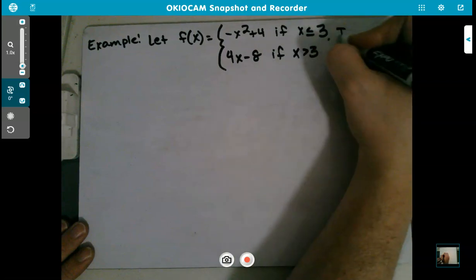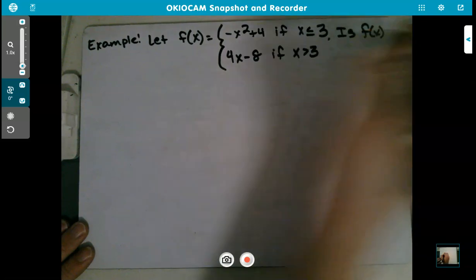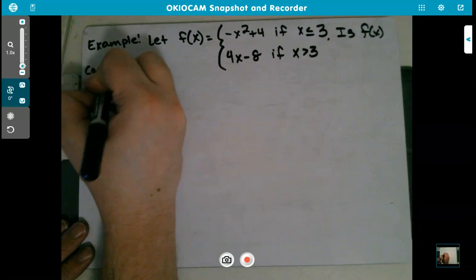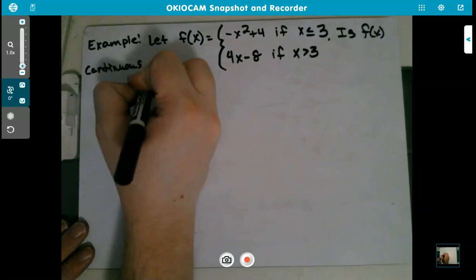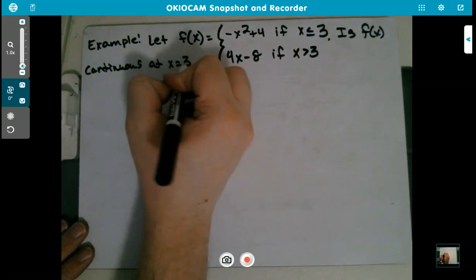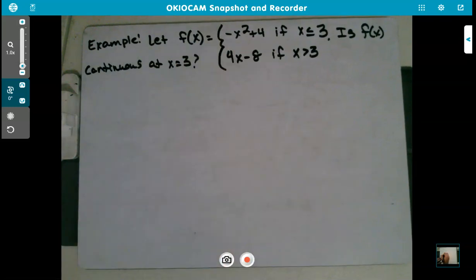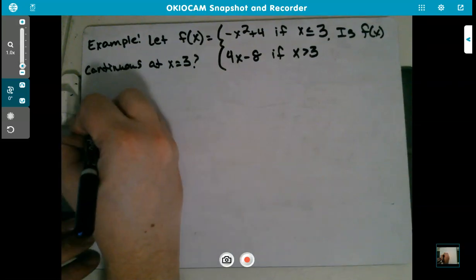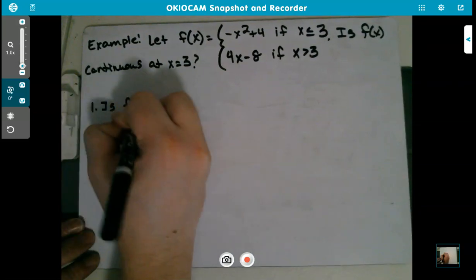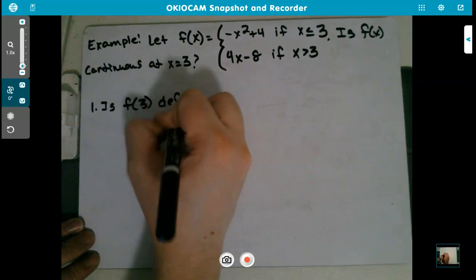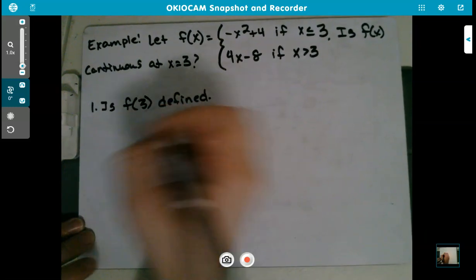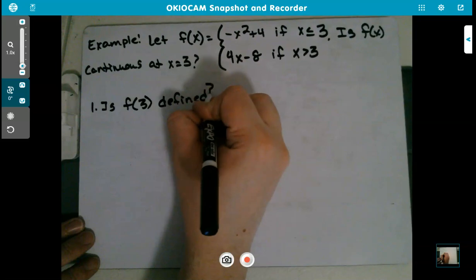And I want to know, is f of x continuous at x equals 3? So this time I'm going to use 3. So again, my first rule is I have to first see, is f of 3 defined? So I want to know, can I plug in 3? So let's try and see what happens.